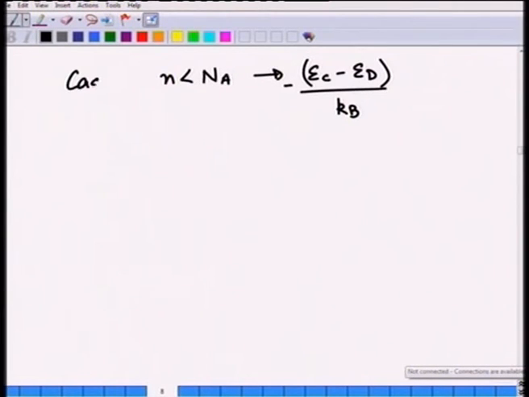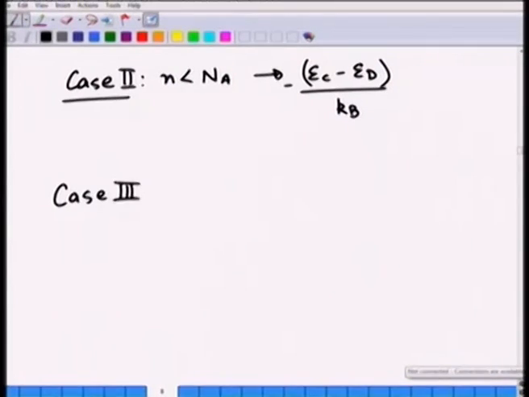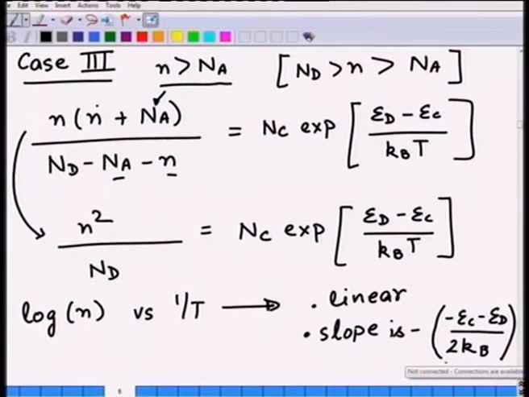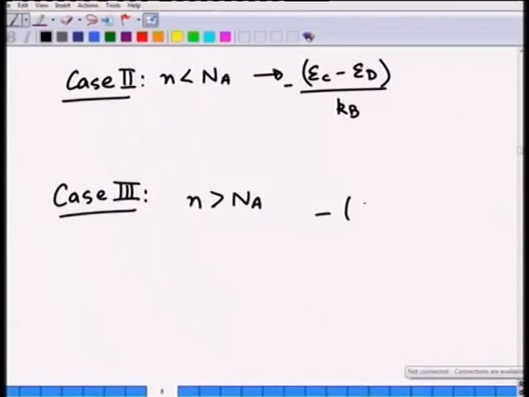And this was case 2 and case 3 was n greater than Na. In that case, you can see that when n is greater than Na, we got a slope which had a factor of 2 in there. So, we will write this as minus EC minus ED by 2 kb.